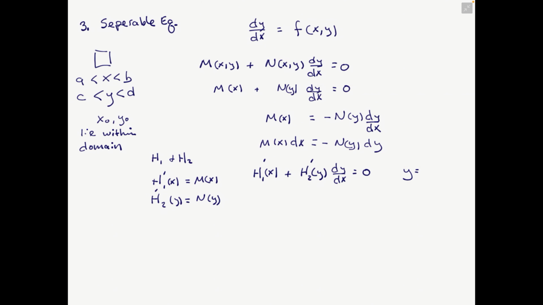So then we end up with the equation h1 prime of x plus h2 prime of y dy/dx is equal to 0. And we assume that y is some function of x, and is a differentiable function of x.